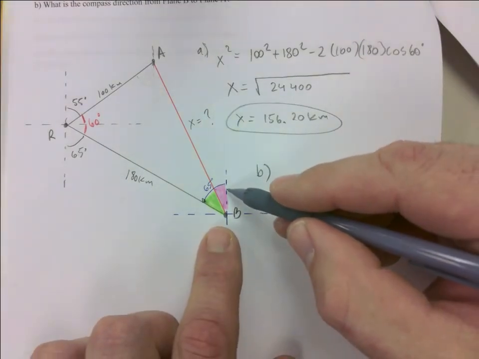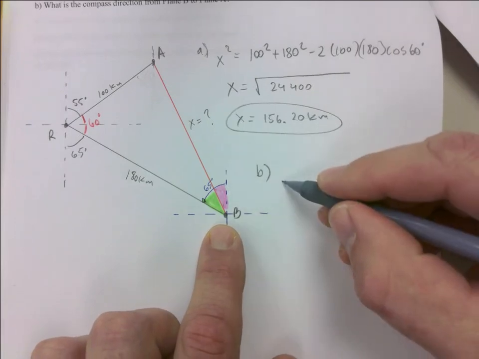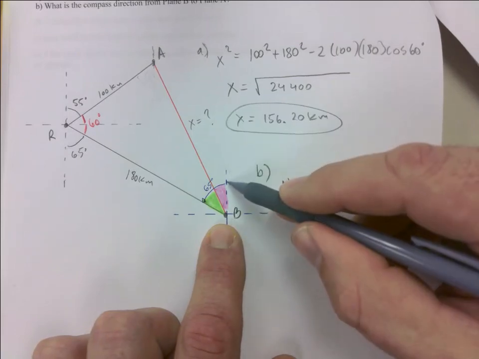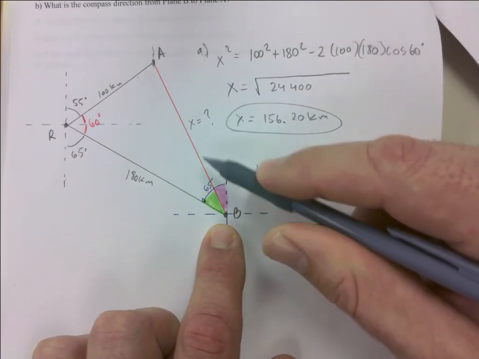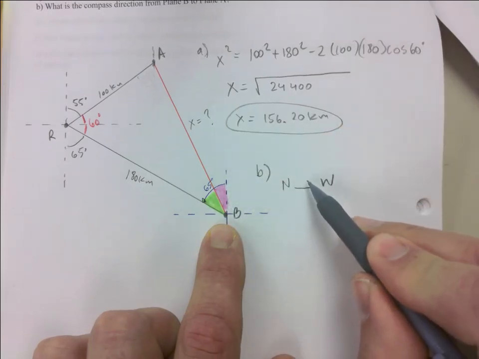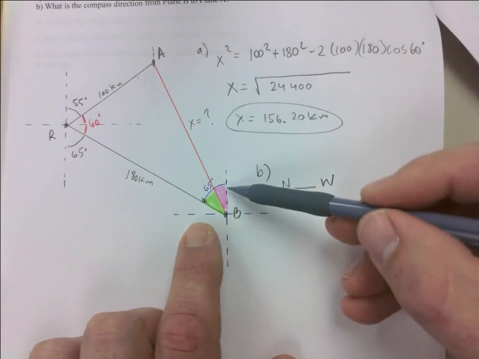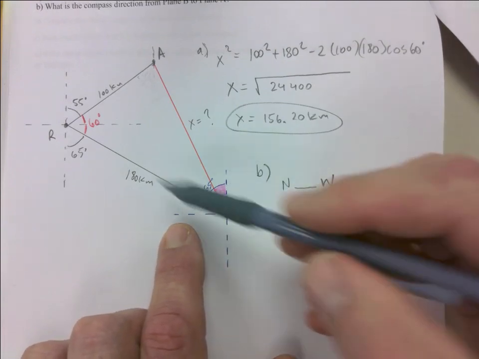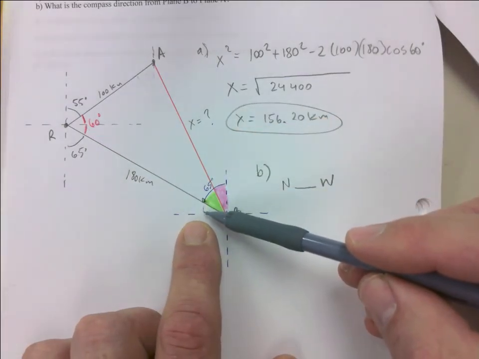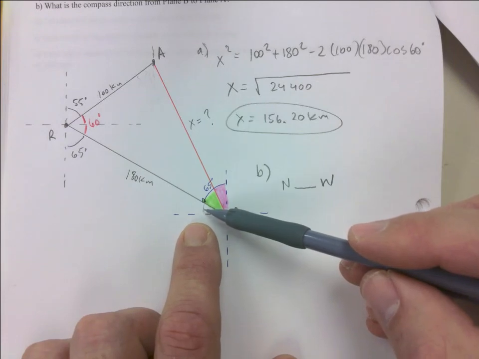Because if you follow me, this would be what? North something, right? North something west, right? I just have to fill out that angle. If you somehow grabbed this angle and transferred it over to here, that would also work out actually.